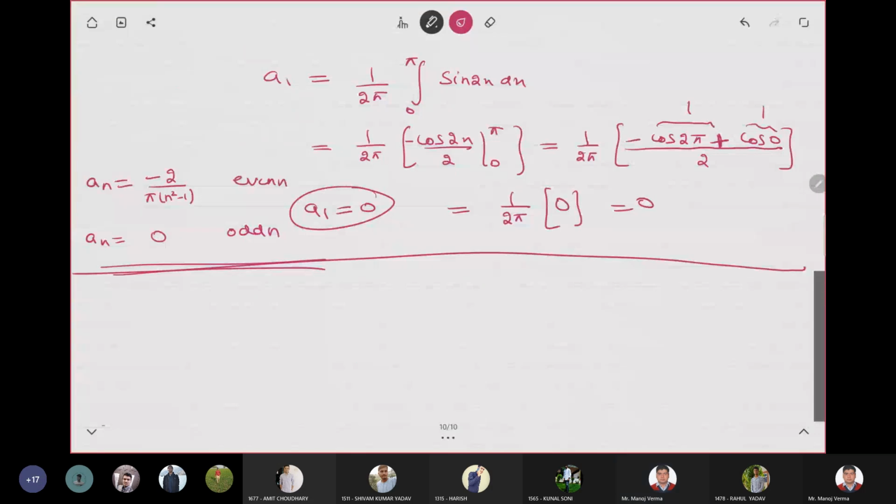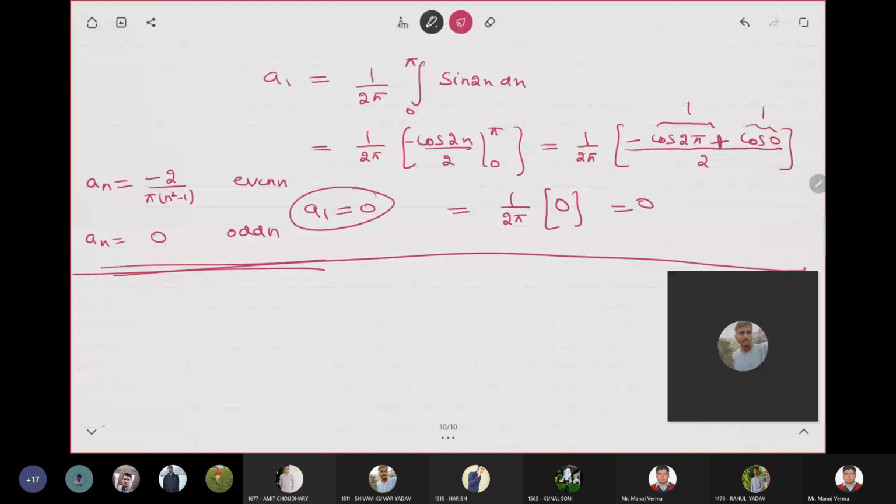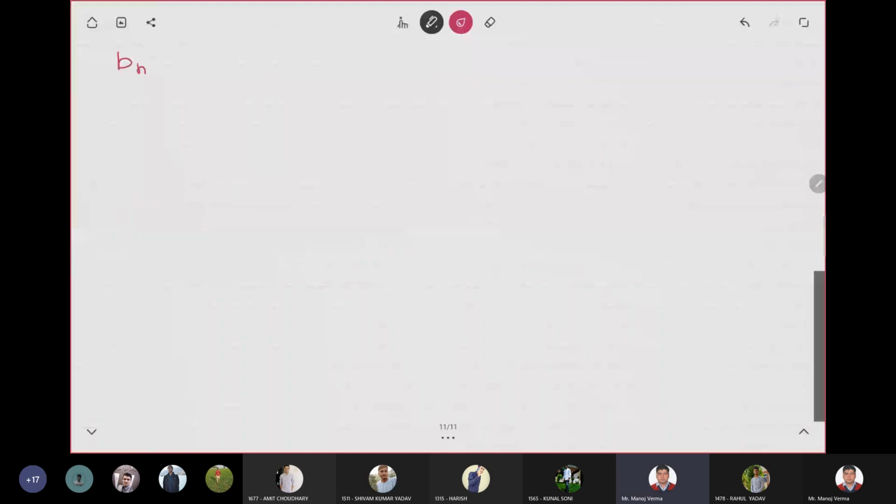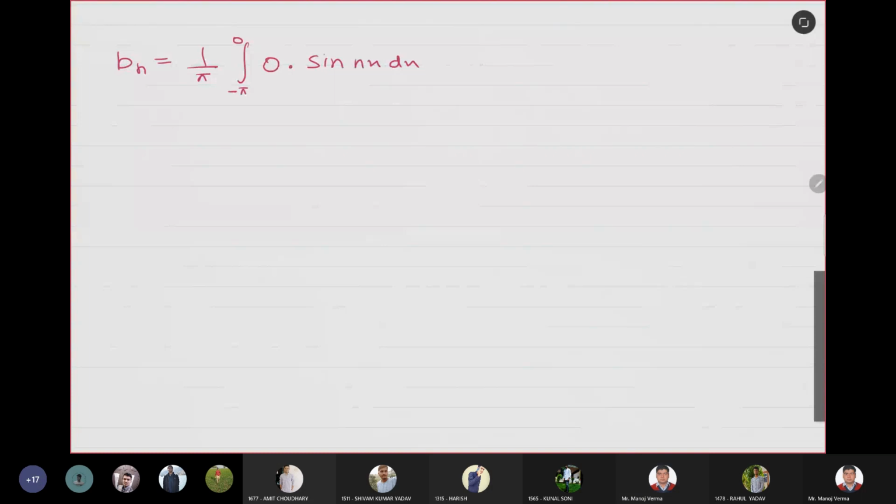Now, if you try to find the value of bn, that will be simple actually, because bn will become 1 over pi from minus pi to 0 of 0 times sin nx dx, plus 1 over pi from 0 to pi sin x sin nx dx.